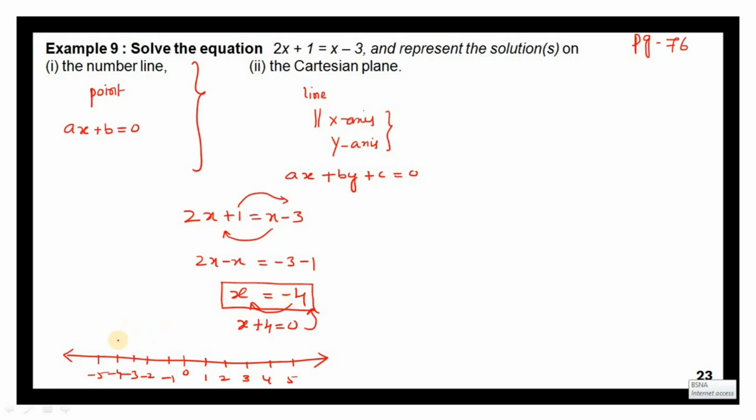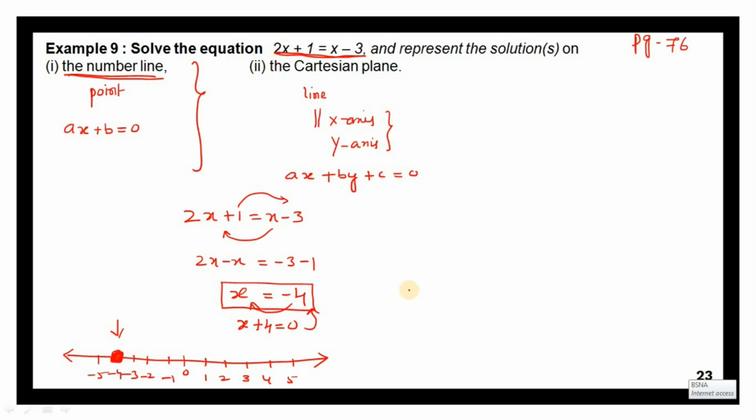Here is the location, x is equal to minus 4. This is the point. So on a number line, I have solved this equation and shown a point.